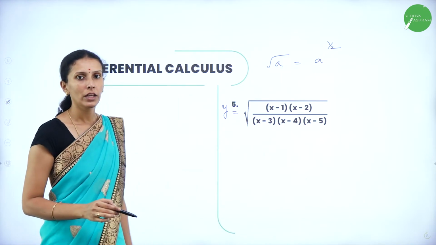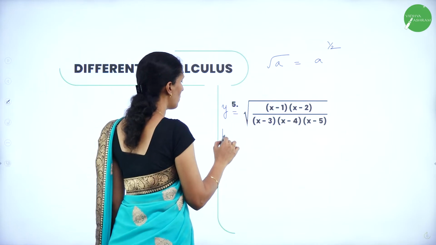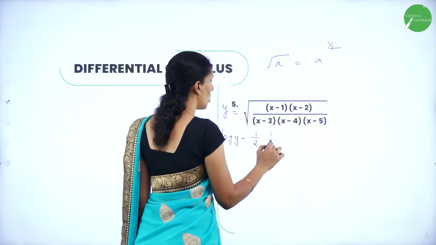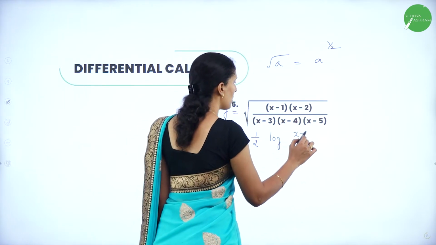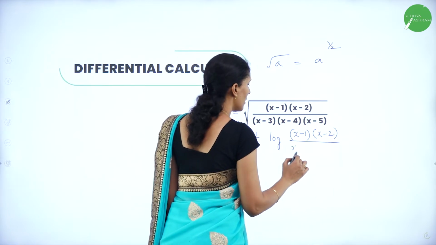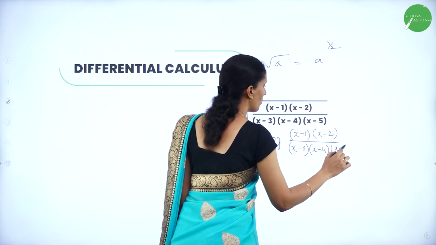So the square root in index form is nothing but power half. Let me apply log on both sides. So if you apply log on both sides, it is half into log of (x minus 1)(x minus 2) whole divided by (x minus 3)(x minus 4)(x minus 5) now.